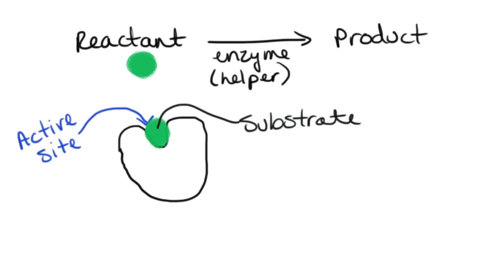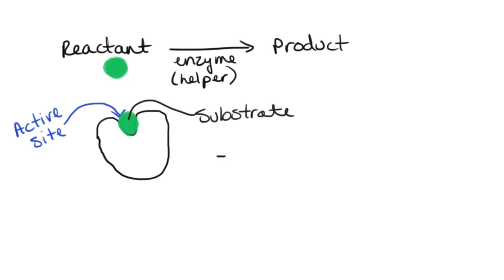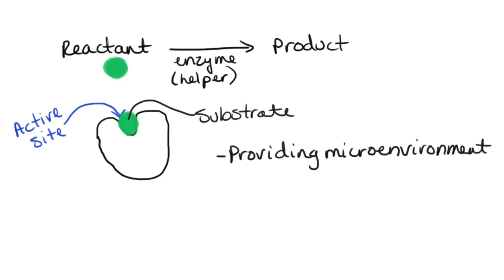Once the substrate is in that active site, that is when the enzyme is going to lower the activation energy. There's a number of ways that it can do that. It may be simply providing a microenvironment that is ideal for the substrate to get to that transition state.